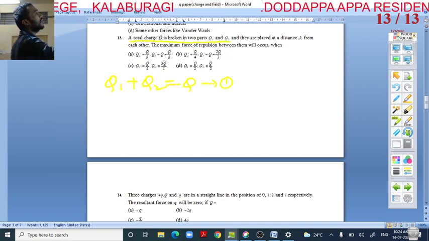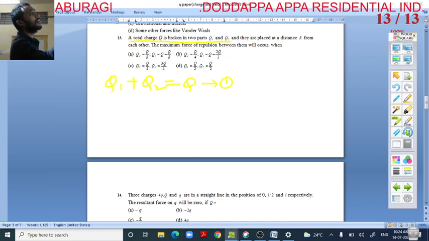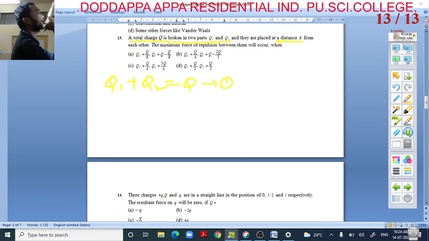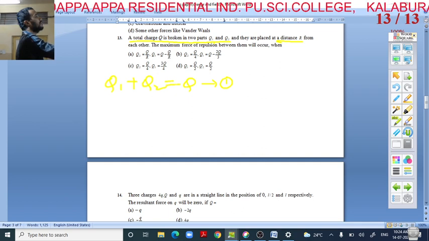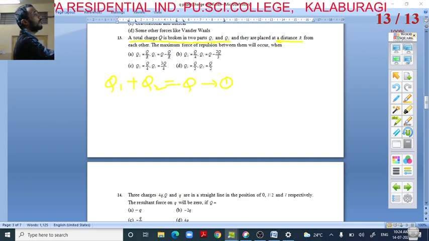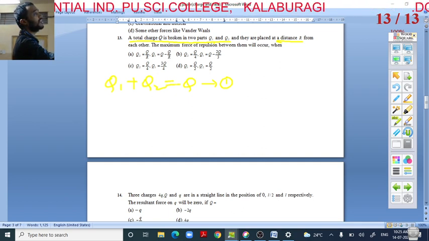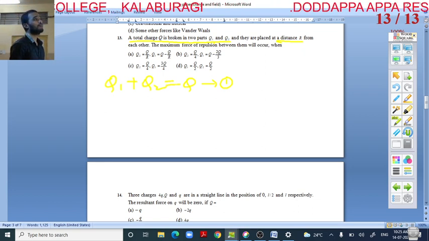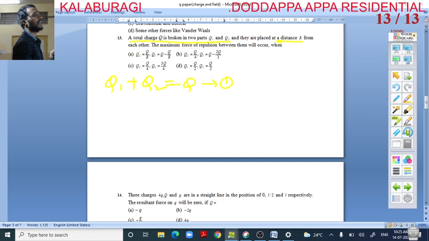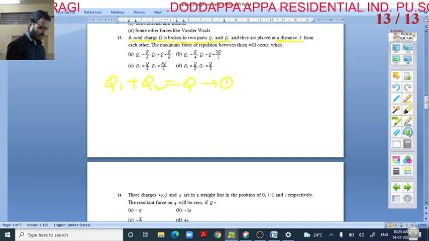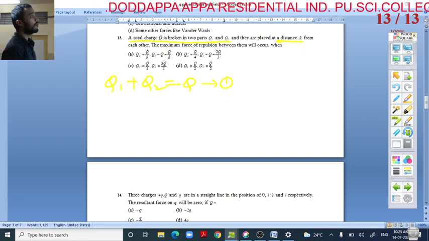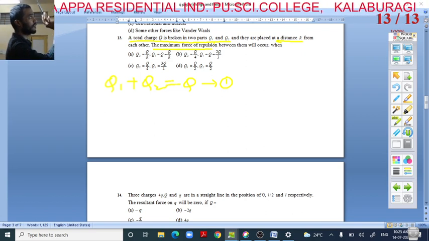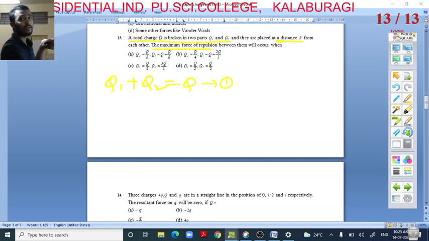Next, they are placed at a distance R from each other. The maximum force of repulsion between them will occur. Maximum force of repulsion between them will occur.